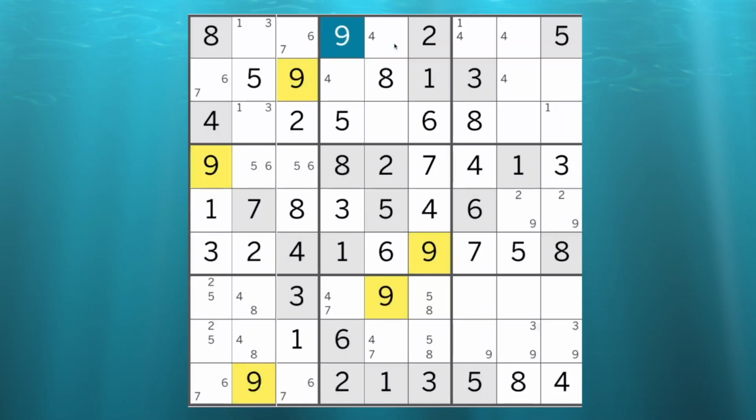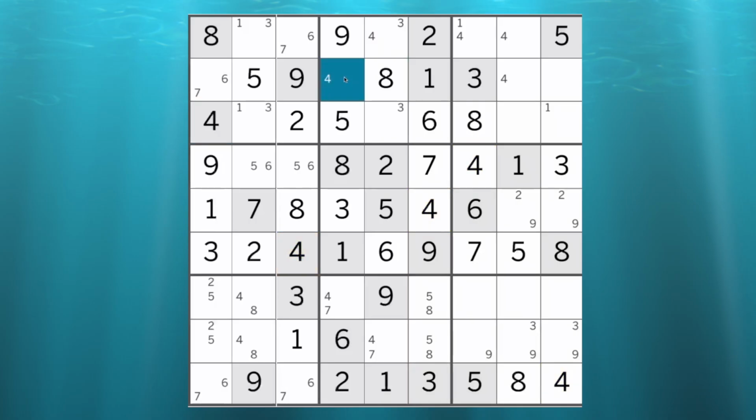So this block here is missing the 3, which that can't be a 3 because of these 2. So 3 has to be in the middle of that. Then a 4, 7. Now that can't be a 4, but these still can be.